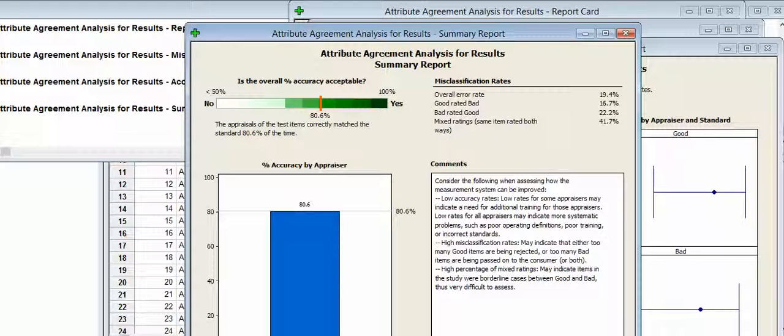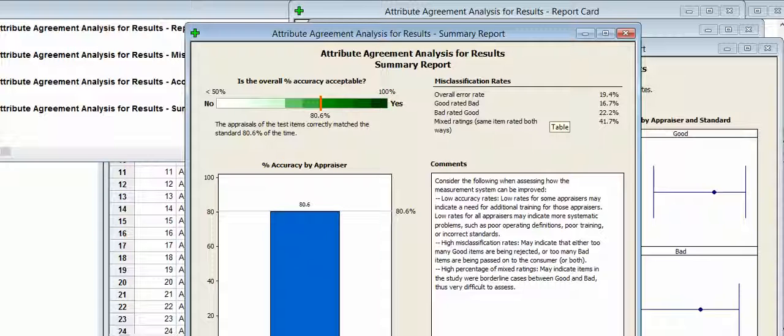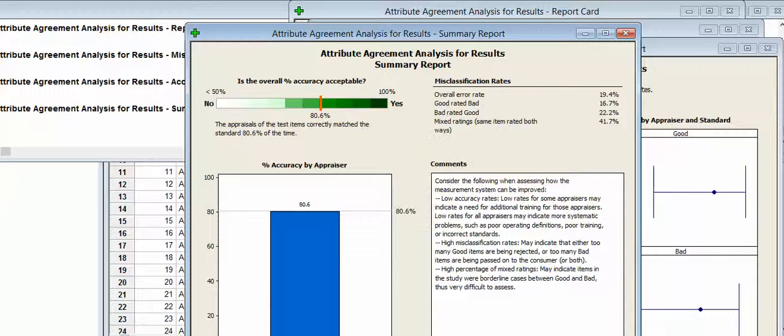The overall accuracy would be 1 minus 19.4%, which in this particular case is 80.6%. It's kind of marginal from this perspective.